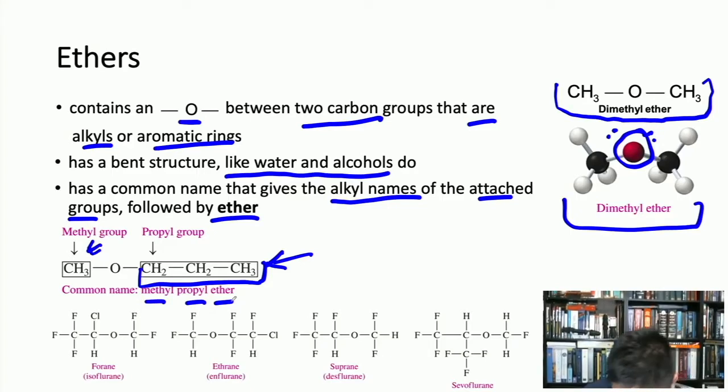Some other names for some ether groups. We have fluorane or isofluorane right here, right? This ether, the oxygen is right there in the center, and it's connected to these fluorine moieties. And then we have enflurane, also known as Ethrane, right?